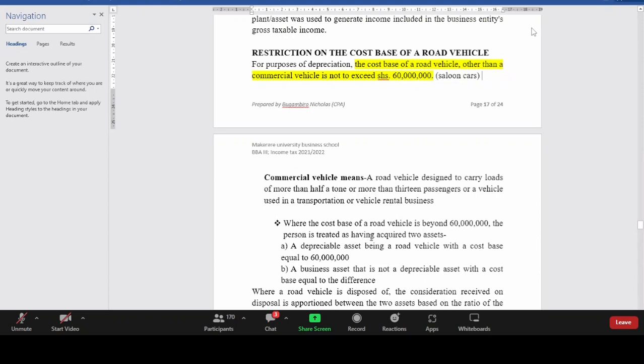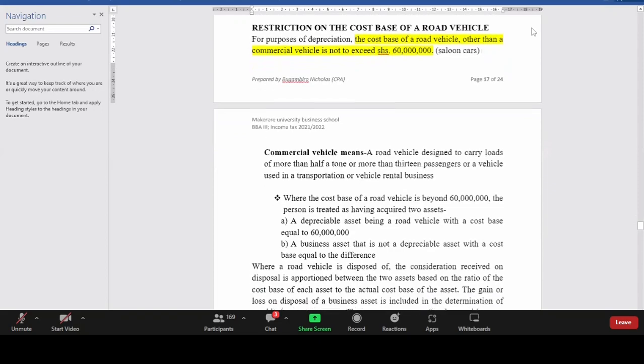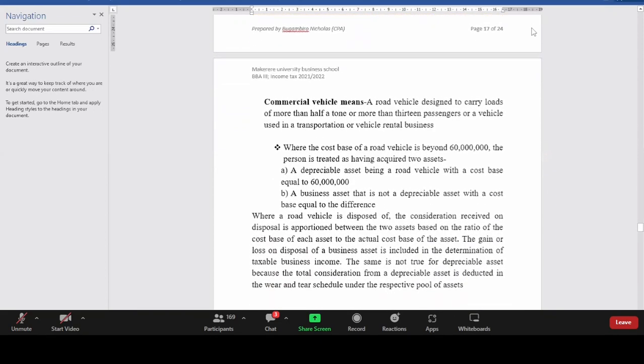Where the cost base of the road vehicle is beyond 60 million, the person is treated to have acquired two assets. The depreciable asset is the road vehicle with a cost base equal to 60 million, and the business asset that is not depreciable, with the cost of any excess above 60 million.